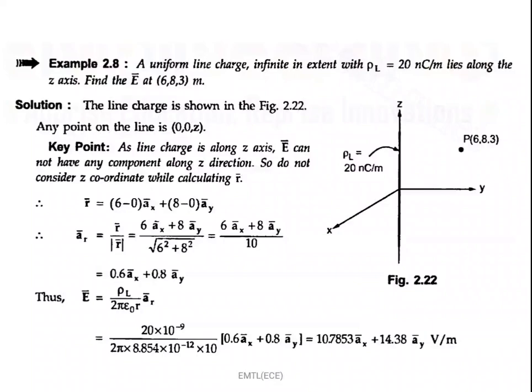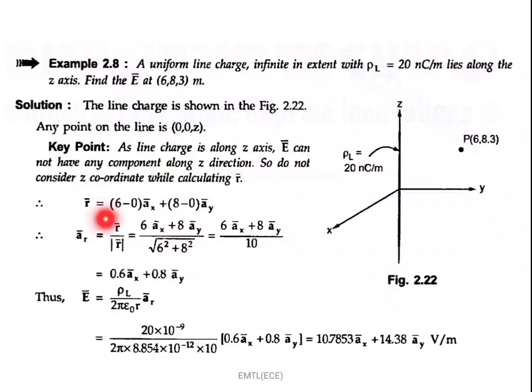So this value is equal to (6 minus 0) ax bar plus (8 minus 0) ay bar, and along the z direction, the z coordinate is simply eliminated while calculating r.